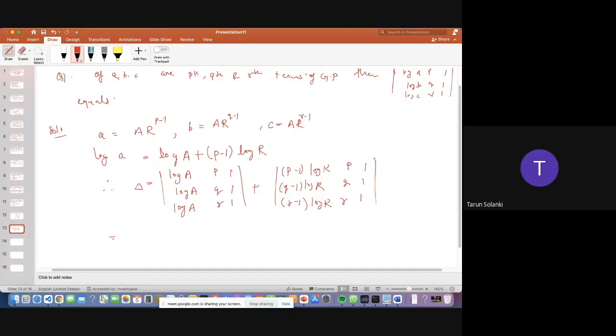So 0 plus log R times the determinant p minus 1, p, 1, q minus 1, q, 1, r minus 1, r, 1. By C2 minus C1 it becomes 0. So the value of this is 0. Correct? So you can copy this problem.